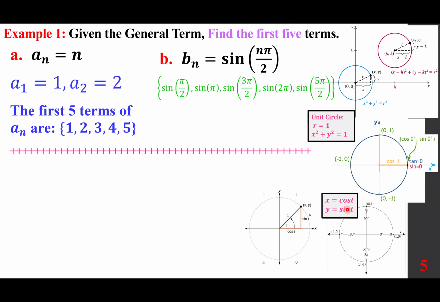So if we start with this one, we see that cosine is 1, sine would be 0. In other words, just right here, this point, means cosine 0 is 0. My apologies, cosine 0 is 1.